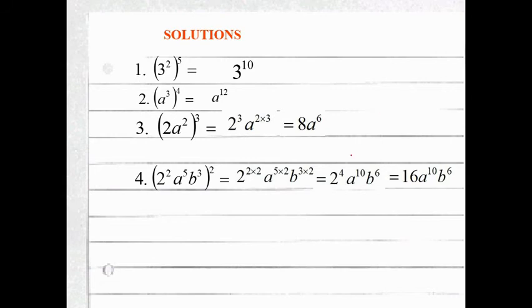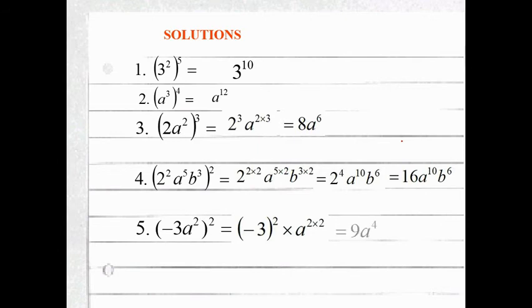Now, notice how we do take 2 to the 4th and multiply it out. Let's take a look at this example. So we have a negative 3 squared times a to the exponent of 2 times 2. So our negative 3 will become positive, and we'll have 9a to the 4th. Let's take a look at this.